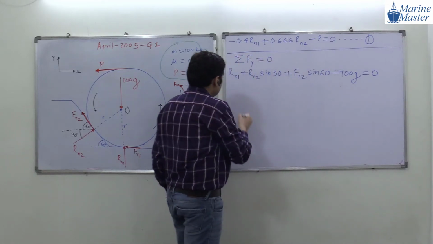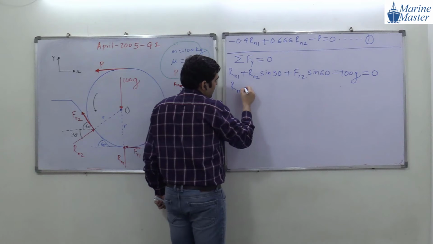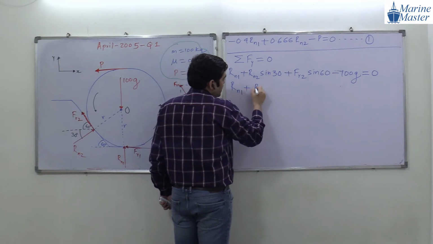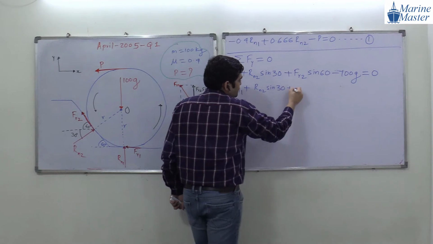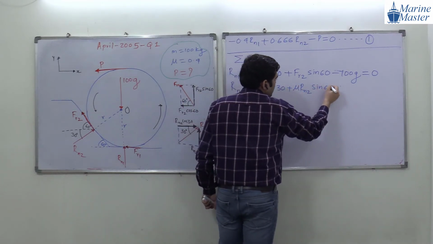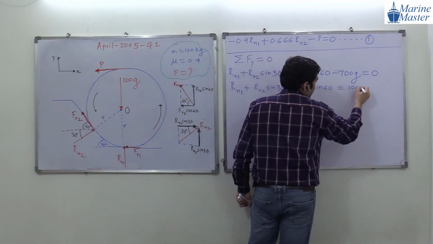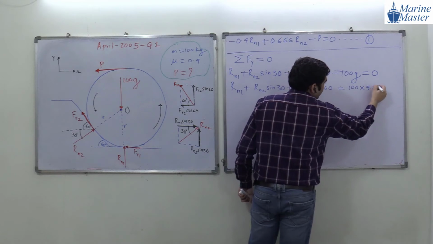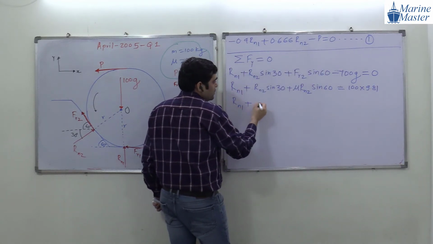So Rn1 plus Rn2 sin 30, and FR2 means mu Rn2 into sin 60. The 100 g we can take to the other side: 100 into 9.81.